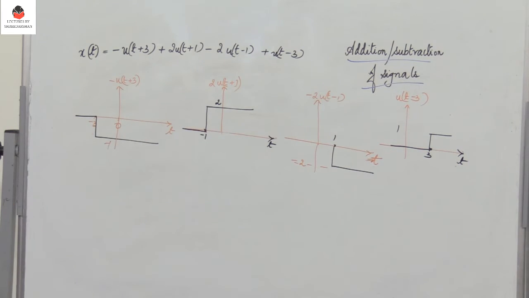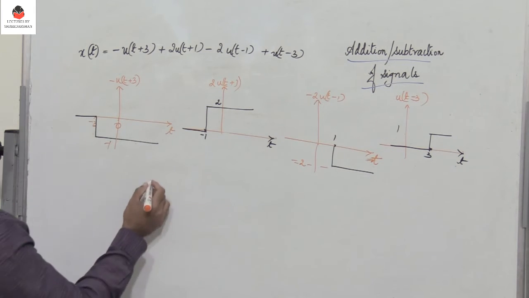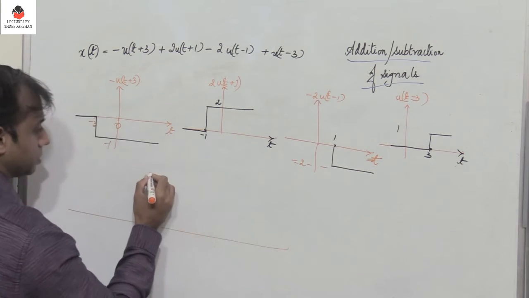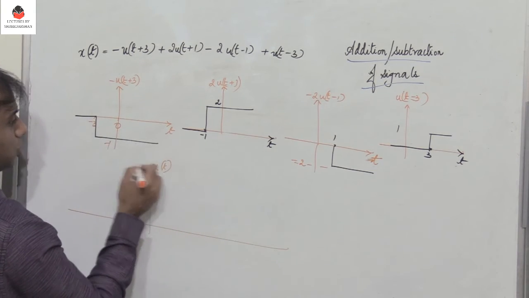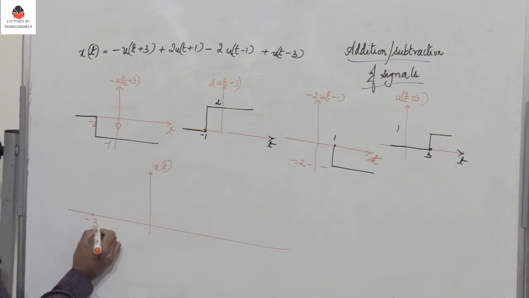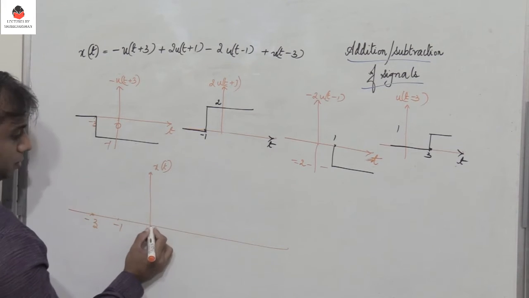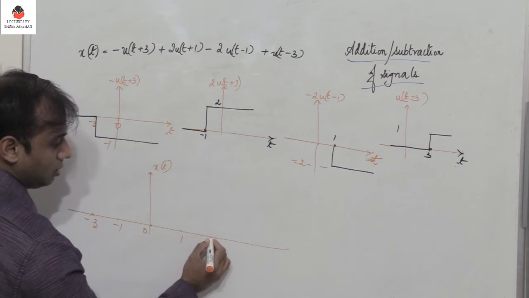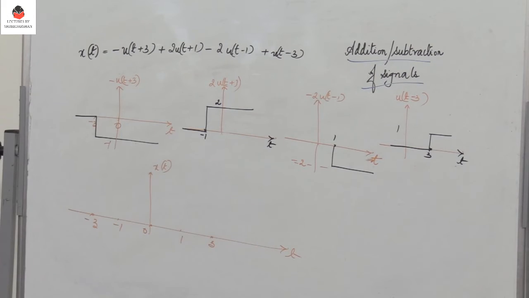Now I need to add all these four waveforms. So let's consider x of t. The transition time instances are minus 3, minus 1, 1 and 3. From minus infinity to minus 3, the signal amplitude is 0.